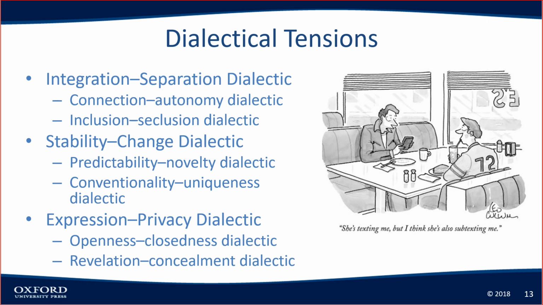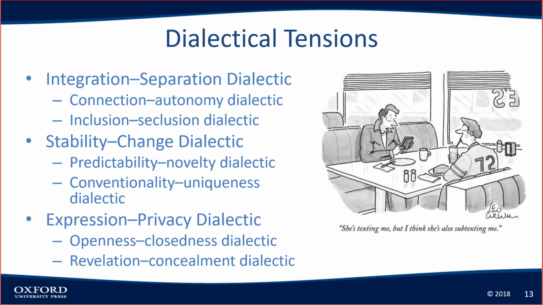So dialectical tensions are conflicts that arise when two opposing, incompatible forces exist simultaneously at the same time. Integration and separation embodies the conflict for connection and independence. So having some change is good because you can connect, disconnect, but reconnect.